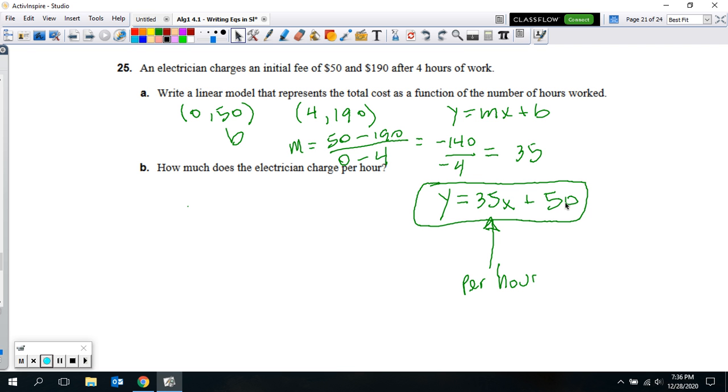It's not including the flat rate fee, 50. Even though after 1 hour, somebody's going to pay 35 plus 50, after that they're going to pay only $35 more. And then $35 more after that for the next hour, and so on. So how much does he charge per hour? That's the 35. Your slope is that number. So it's $35 per hour on this one.